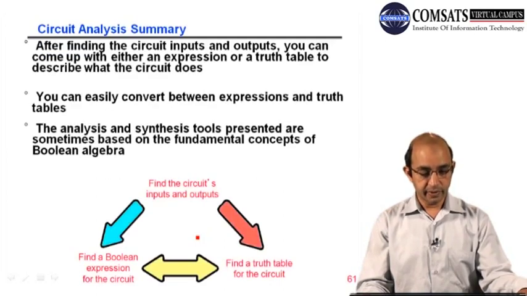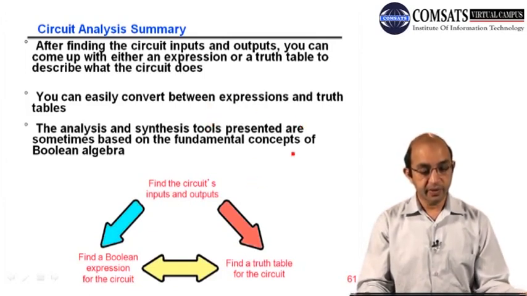In circuit analysis, we need to find out the behavior of the circuit. We normally apply all the possible inputs and note down the output. Sometimes we introduce a checkpoint if we have multiple levels, and we analyze the circuit.